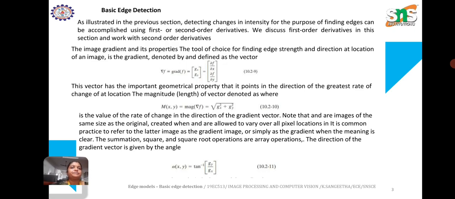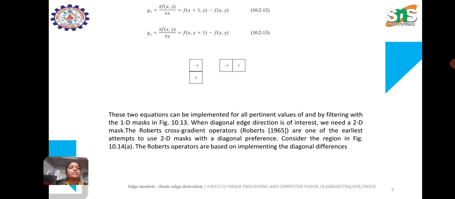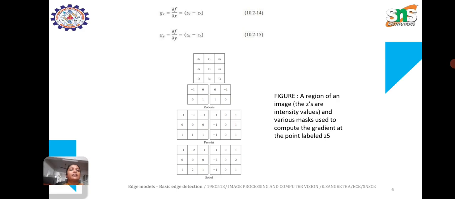There are two types of gradient based edge detection. The first one is the horizontal gradient, and the second one is the vertical gradient, otherwise called the Sobel operator. One of the most popular gradient based methods is Sobel edge detection, which uses two 3x3 convolution masks.